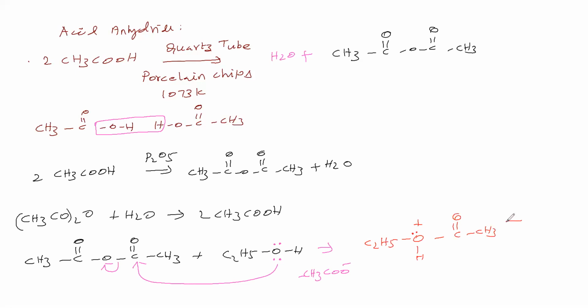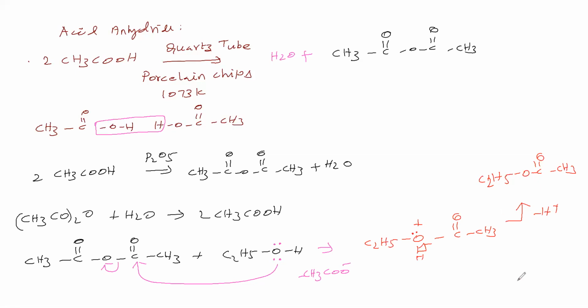Now H plus is removed, so we get C2H5O COCH3, an ester. So anhydride on treating with alcohol gives ester, just like carboxylic acid reacting with alcohol gives ester.